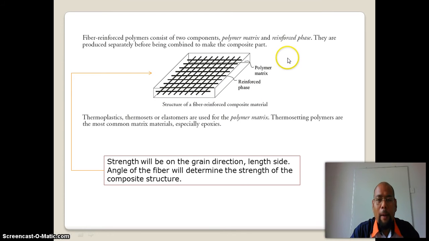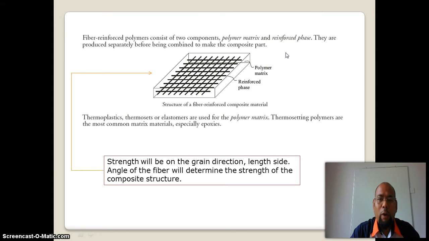We gain strength from the composite material by having the combination of the two materials, the matrix and the reinforced phase or the fibers.